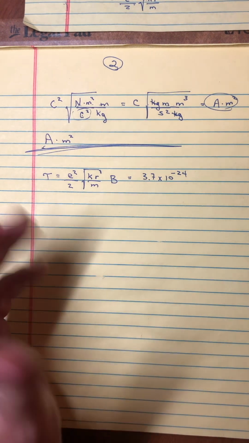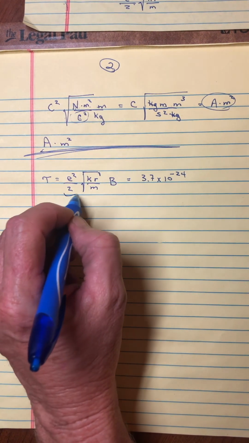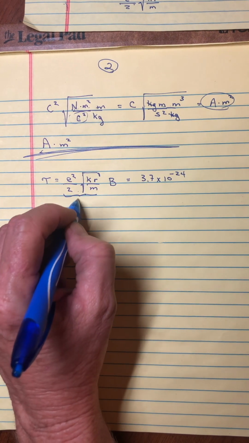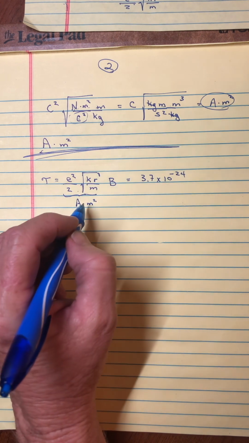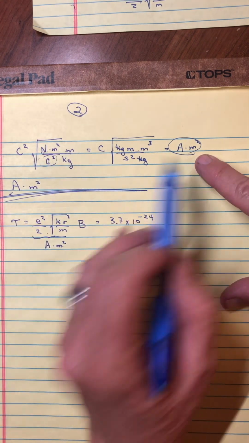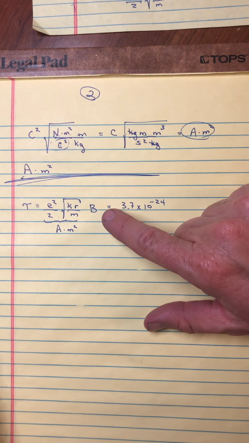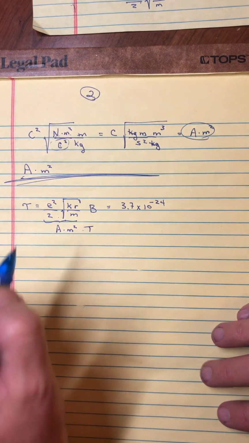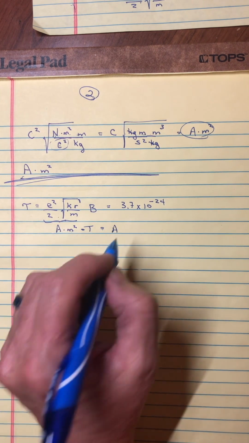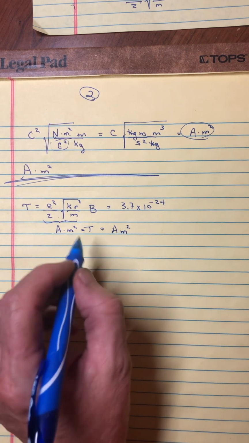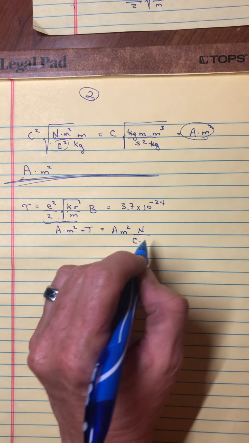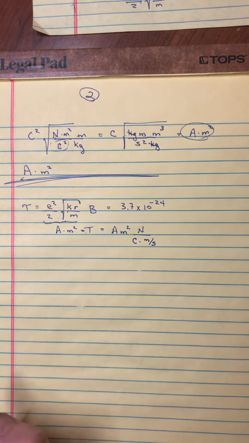And let's take again a close look at our units. Now, I already spent some time pointing out that that right there would be an amp times a meter squared. That was all this stuff up here. And then when I multiply it by a Tesla, and then I might pause and say, okay, remember what a Tesla was. A Tesla is the amount of force, Newton, you get when you have 1 coulomb moving at 1 meter per second.